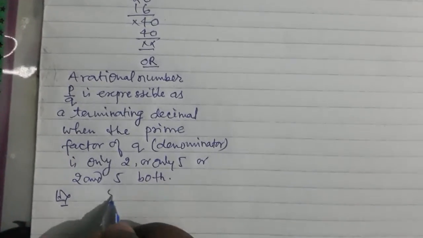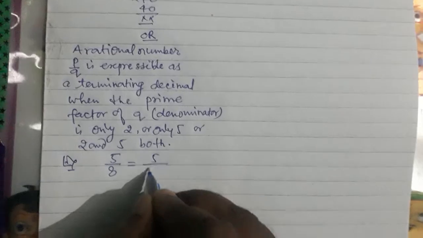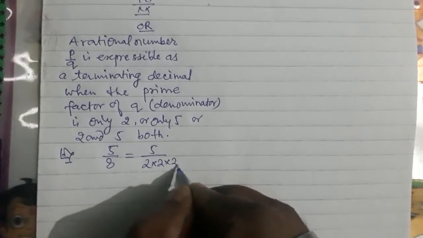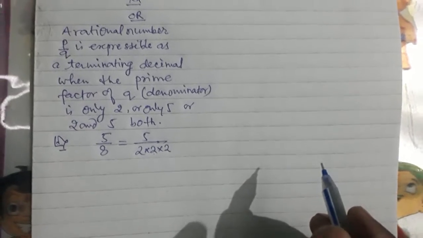Now let us take an example. Suppose we take 5 by 8, that is 5 upon 2 into 2 into 2. Its denominator is only the factor of 2, so it is terminating.